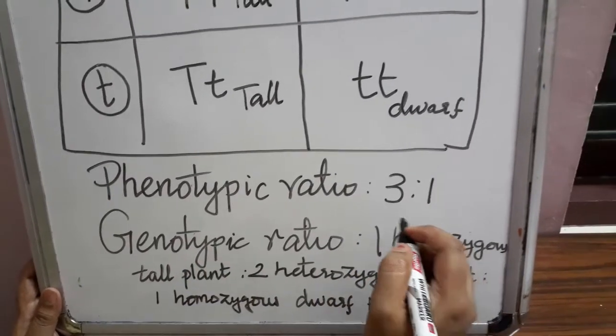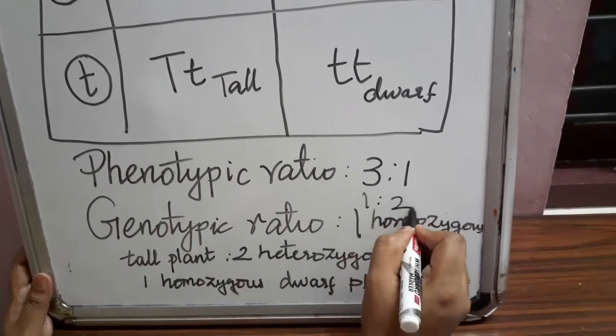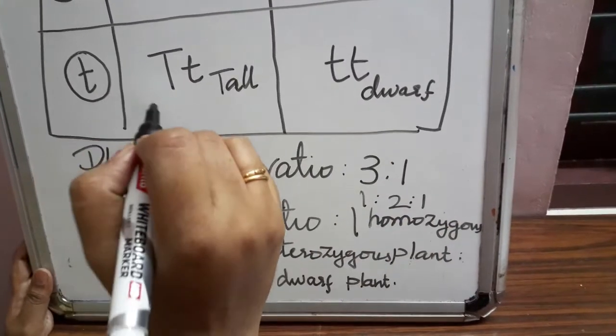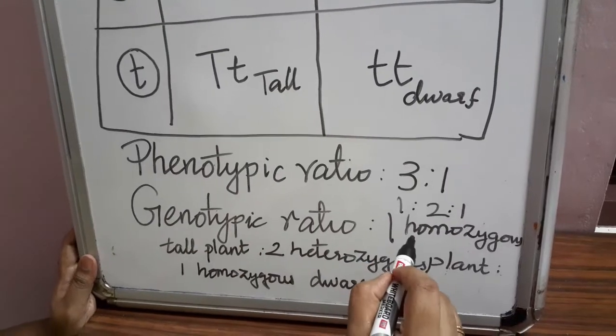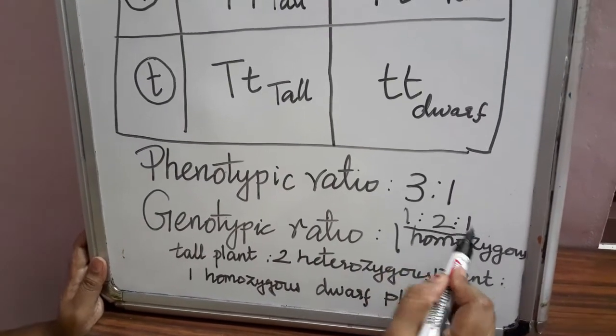Or simply you can write a 1:2:1 ratio. So the phenotypic ratio is 3:1 and the genotypic ratio is 1:2:1.